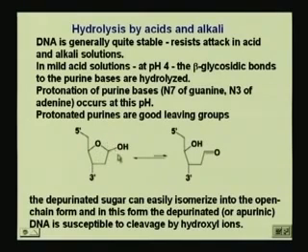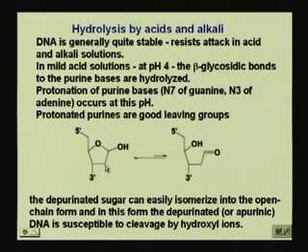And you are going to have an isomerization of the depurinated sugar. This is the hydrolyzed sugar. What does this 5' and 3' end signify? It signifies that this is part of a DNA strand.